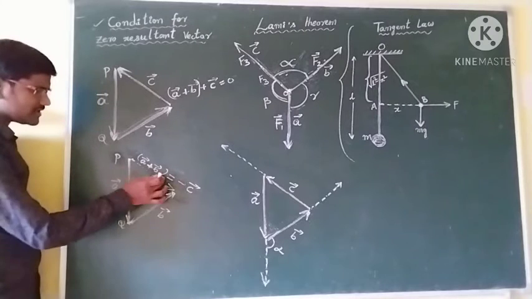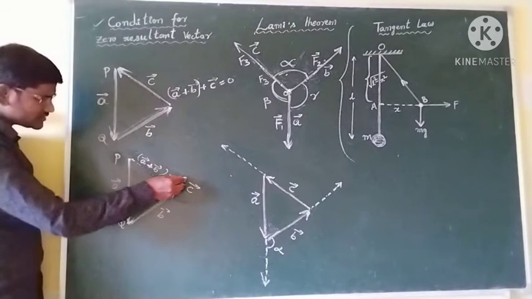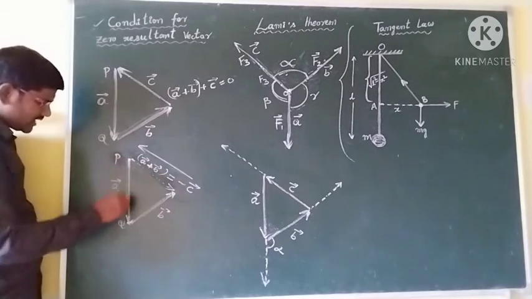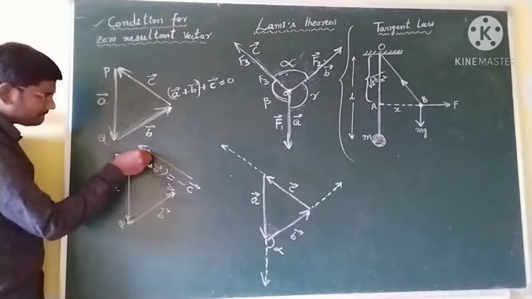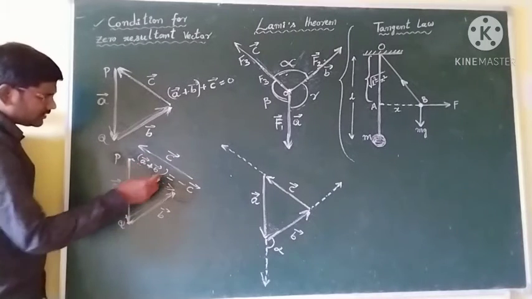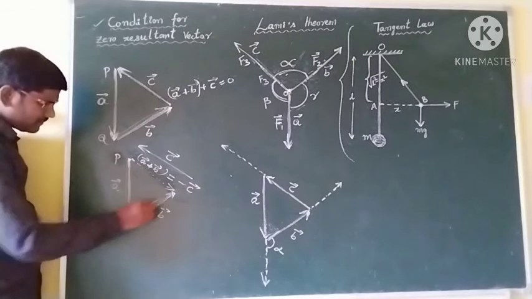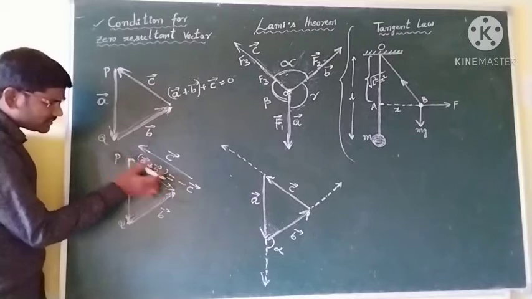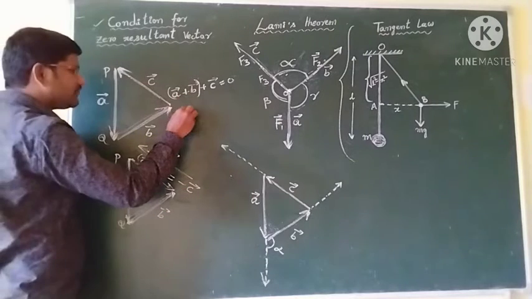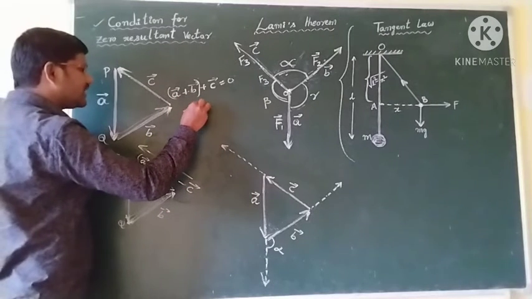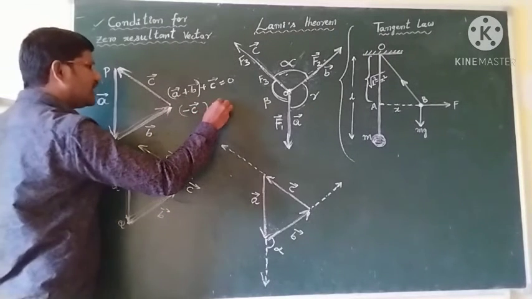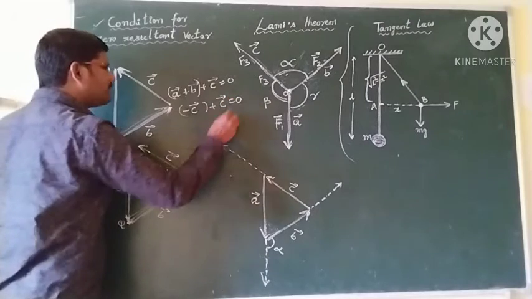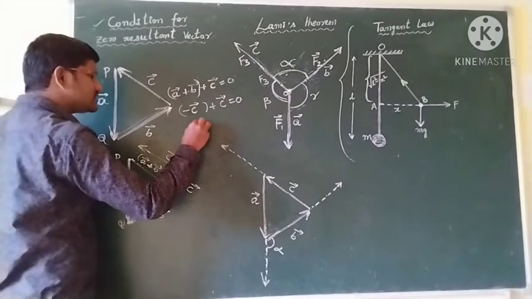The addition of a plus b is minus c bar. Means instead of a plus b, if I write minus c bar, and already I have a c bar vector, then I am getting a 0 vector.